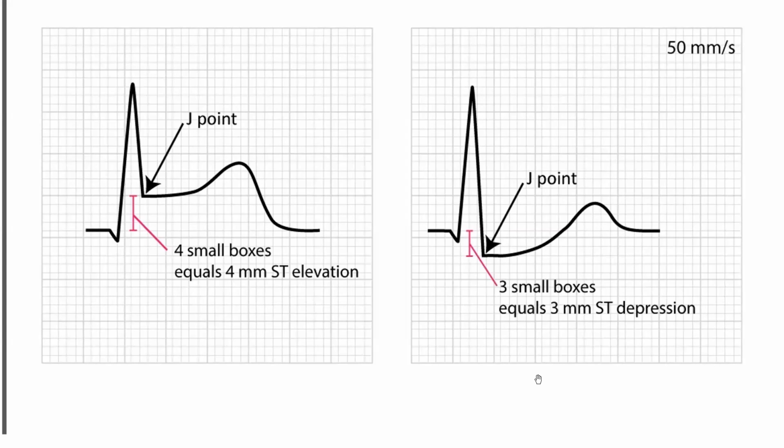In general, ST depression is a manifestation of myocardial ischemia. So when we have ST elevation, it generally is a manifestation of STEMI. If we have ST depression, we have a manifestation of ischemia. Okay?